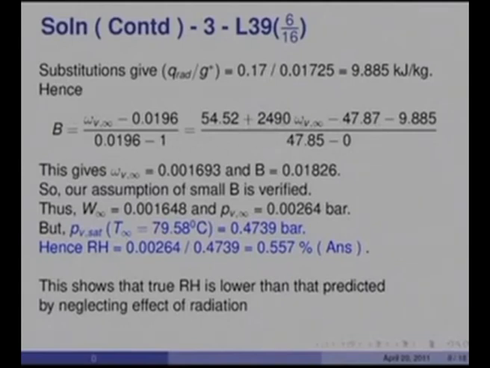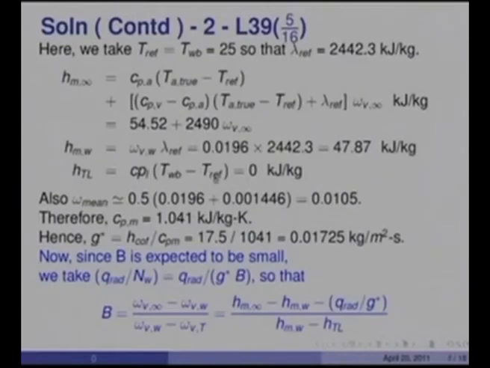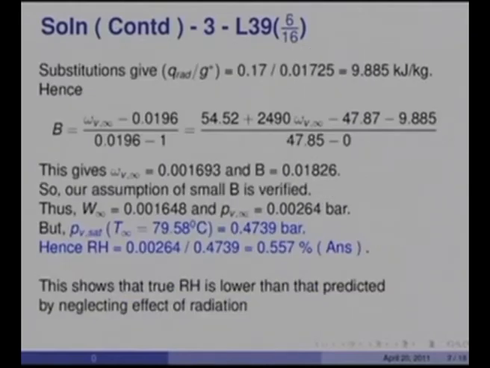If you solve this equation, you will get omega V infinity equal to 0.001693 instead of the previous value of 0.001446. So, as I said, our value of CPM is not going to be seriously affected, which gives B equal to 0.01826. So, our assumption of small b is verified.